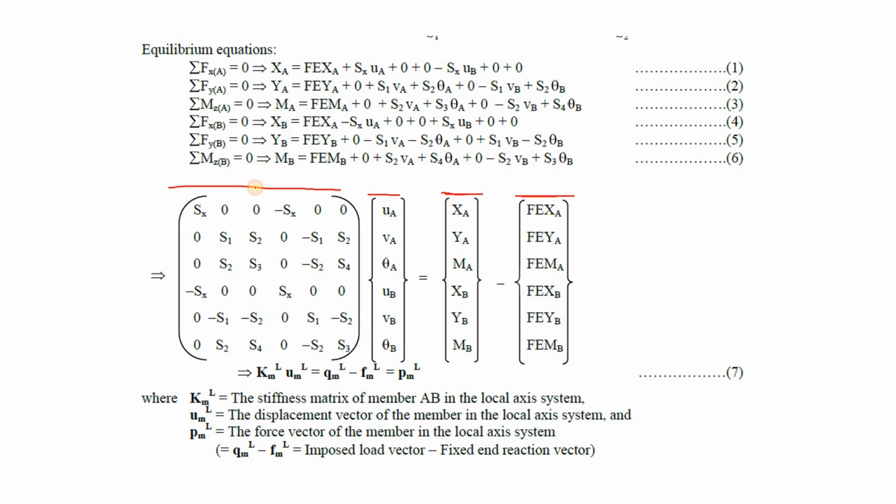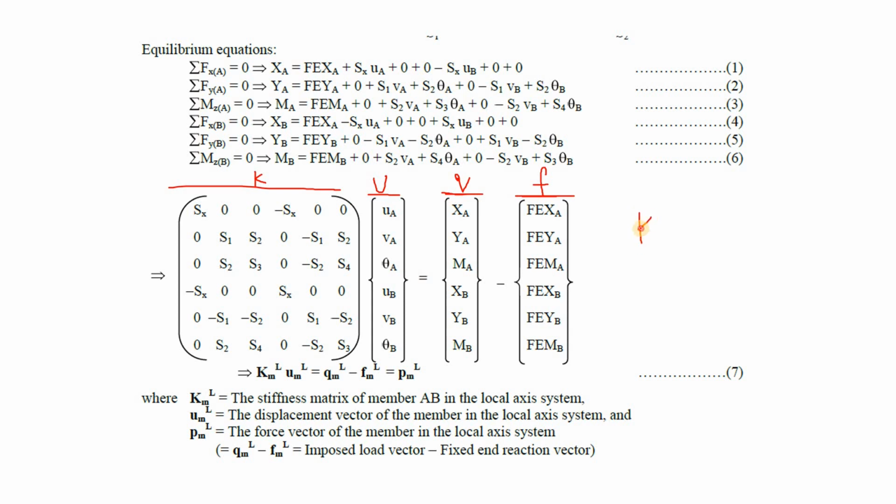So if I call this K, the stiffness matrix K, the displacement vector U, and this load vector we can denote with Q, and then we can denote the fixed end reaction vectors with small f.